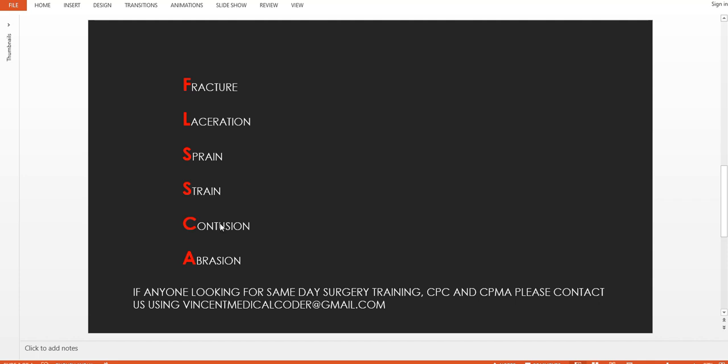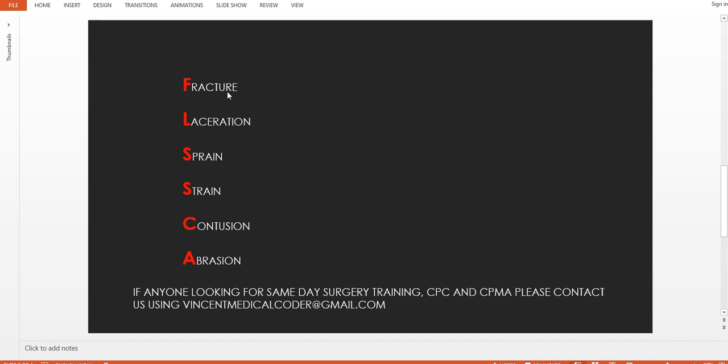If the patient has contusion and strain, what do you code? Here you need to code strain, which is more severe than contusion. If the patient has fracture and laceration at the same site, obviously we code fracture, as fracture is more complex or severe than all other injuries.